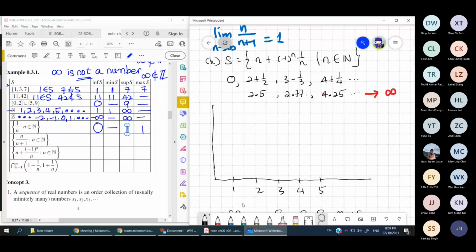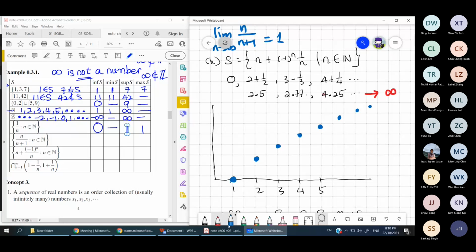When n is 1, we got 0. When n is 2, we have something like 2.5 and 2.77, and then 4.25, and so on. So you can see all these dots are getting higher and higher, so there's no upper bound.